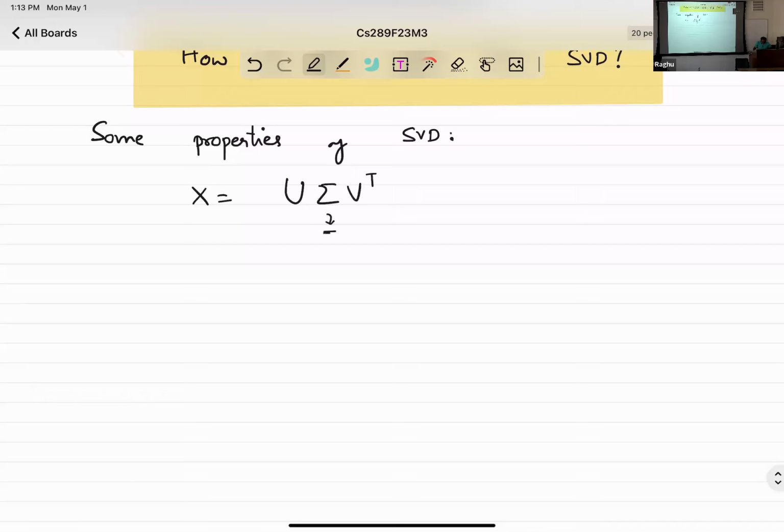Let me just say some properties of SVD. Without loss of generality, let's suppose that you are always writing it this way, where the entries of sigma are in descending order.